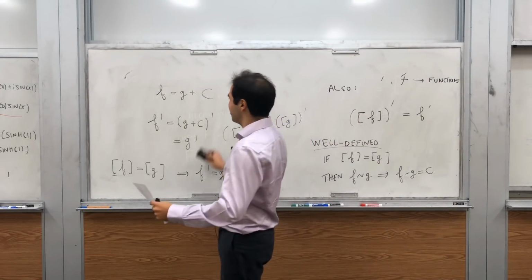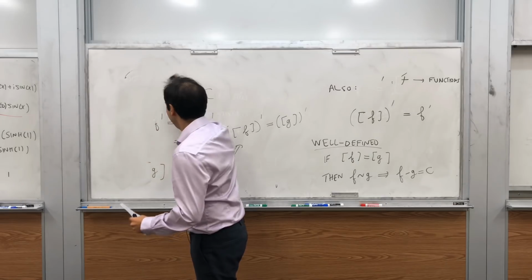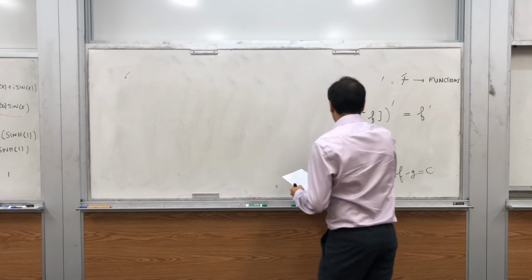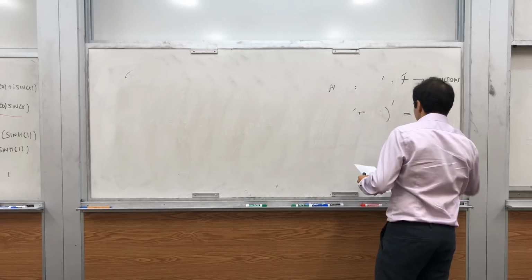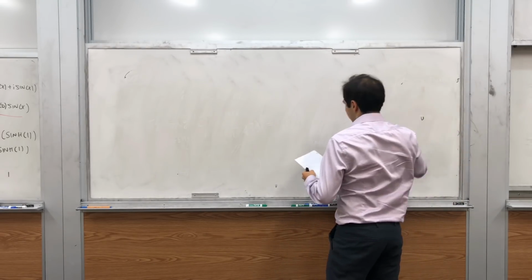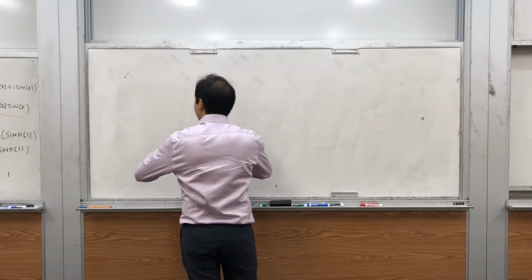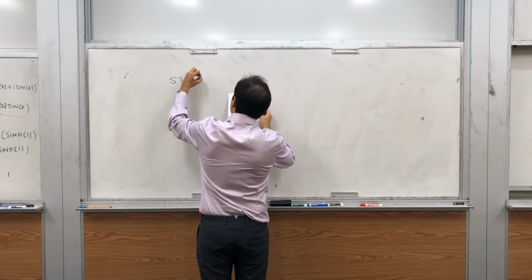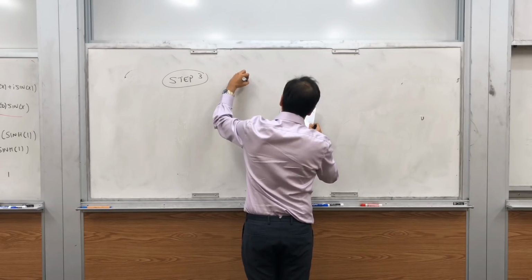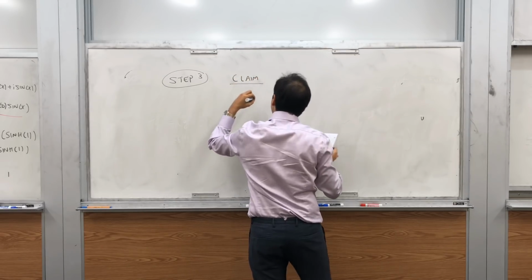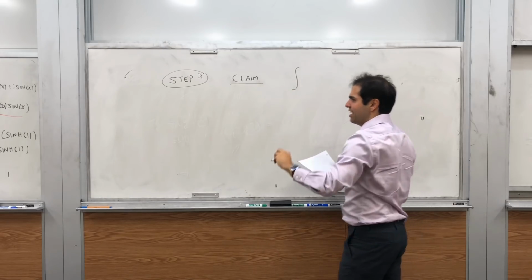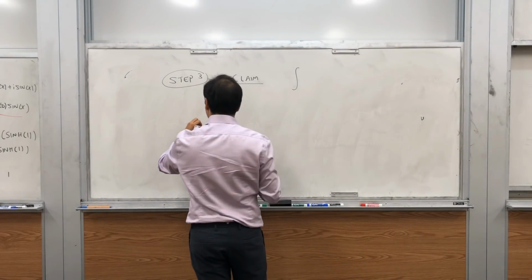So now here comes the most important part, the claim that both of them are inverses. Step 3. Claim, namely, the integral, and again, I want to remind you what those operations are.